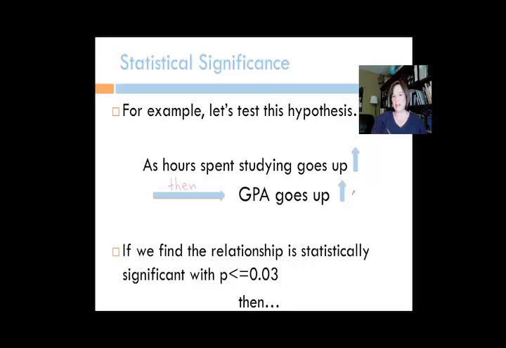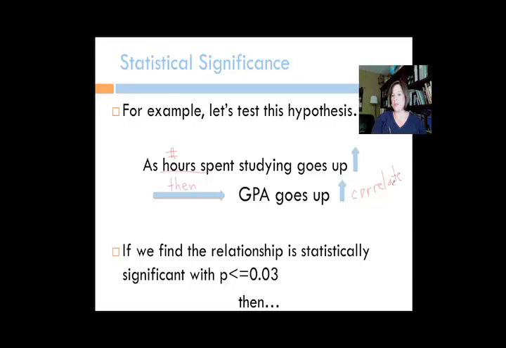The more we study, the higher our GPA. We can correlate this because this is interval ratio level data, measured data, number of hours, and we like to treat GPA as interval ratio. So I could correlate these two variables and find a correlation. We learned about that in descriptive statistics.